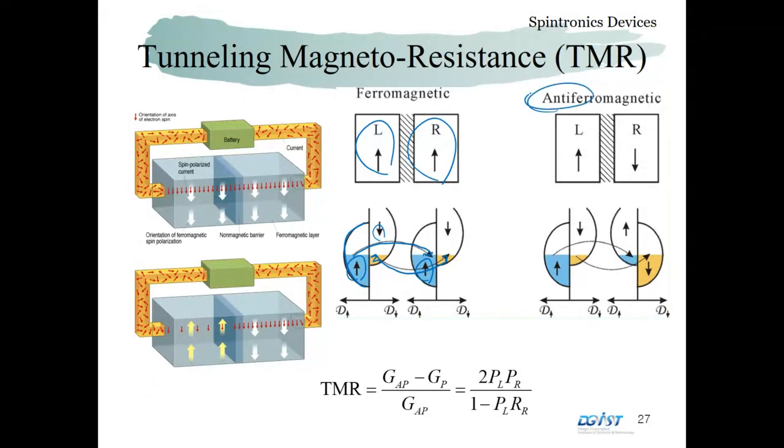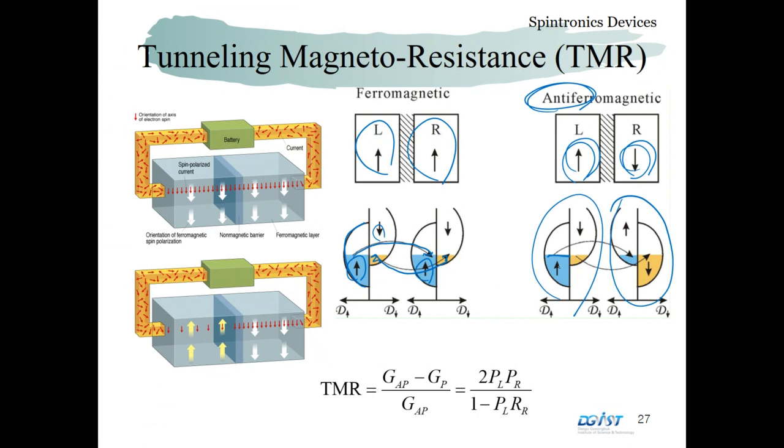But if we have an antiferromagnetic configuration, meaning the left and right electrodes have different magnetization directions, the band structure on one side is the same, but on the opposite side we have different spin up and spin down bands.